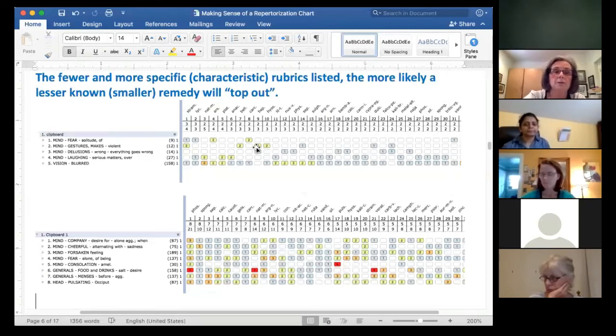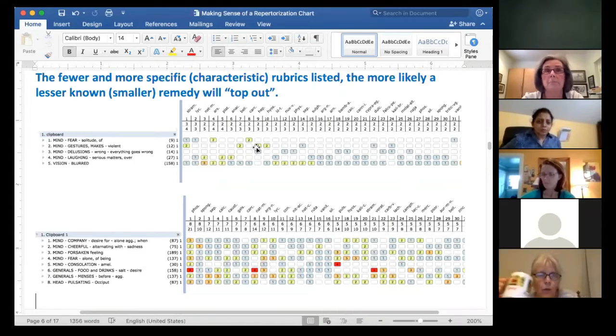And then of course, as we go down, we've got some other polycrests. And at the bottom one here, there are 8 rubrics, and phosphorus comes out at the top, so we might think, we'll have to look at that because phosphorus is well represented in the repertory.